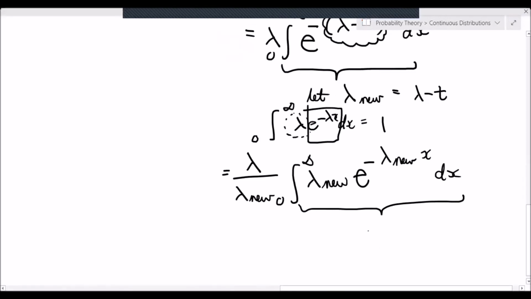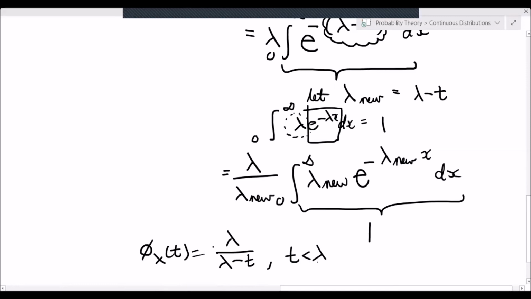And we know that this is simply going to be 1. So that means that phi x of t, which is equal to the moment generating function, is simply lambda over lambda minus t, and this is for t has to be less than lambda for this to work.